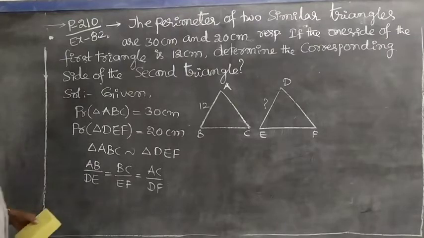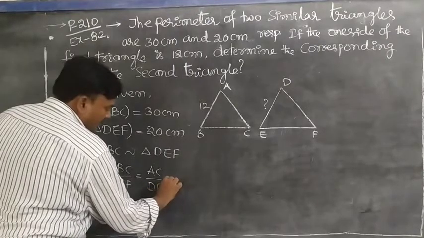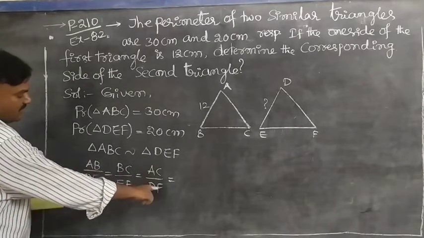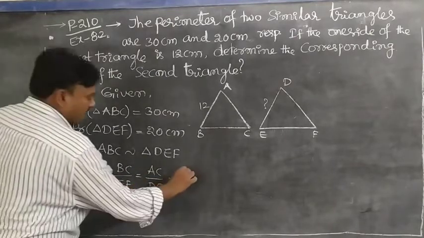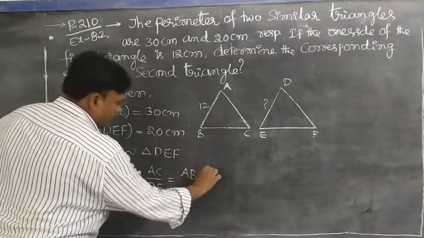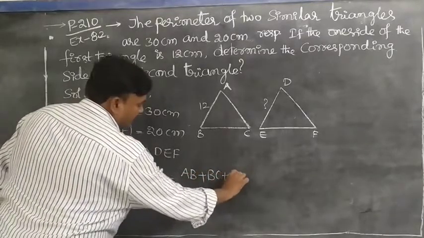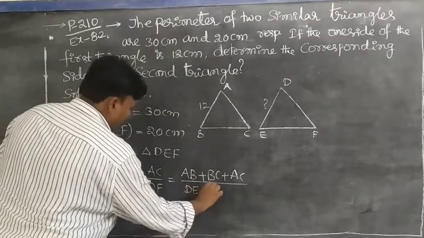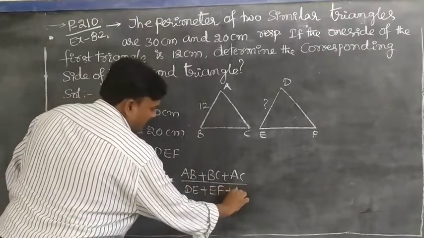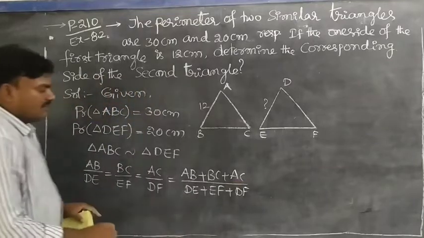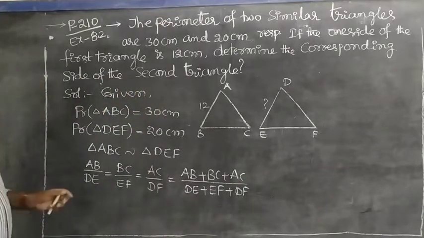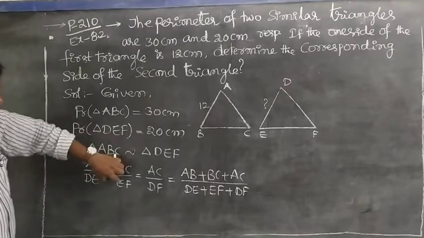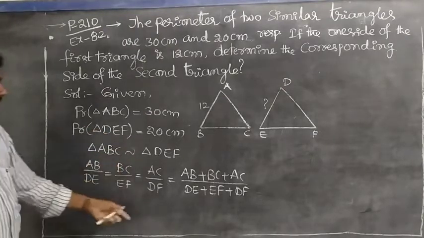Which is equal to adding the numerator values and adding the denominator values also: AB plus BC plus AC upon DE plus EF plus DF. The ratio is also equal. If the individual ratios are equal, then automatically adding the numerators and adding the denominators also gives an equal ratio.